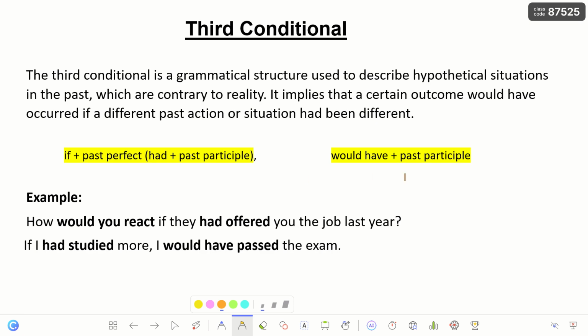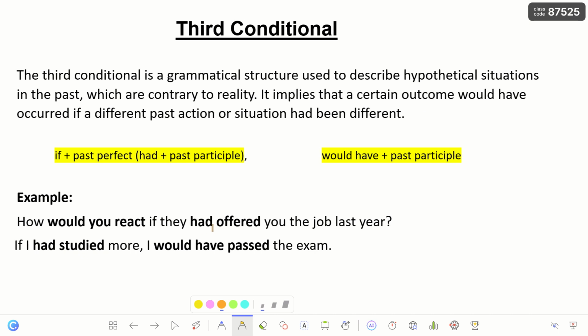Okay, would have plus past participle. How would you react if they had offered you the job? If I had studied more, I would have passed the exam. أشياء، مواقف ما بقدر أغيرها حصلت في الماضي وبتخيل نتيجتها لو كان الشرط مختلف.